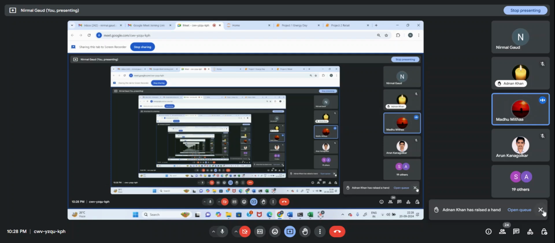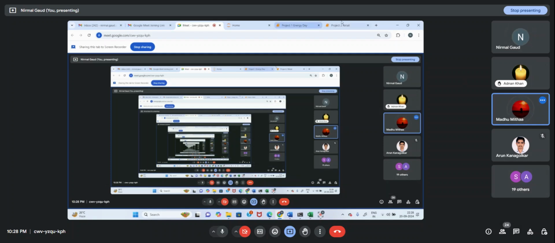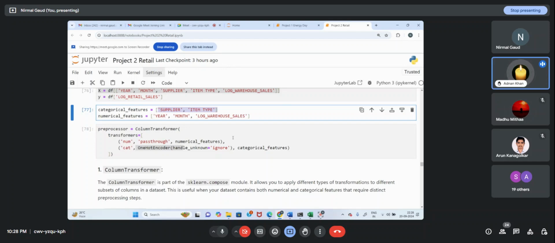Okay, अदनान. Hi, sir. Yeah, so I have a question regarding this. If we are doing label or one hot encoding on our data set, it will lead to overfitting. So, do we have any statistical methods we can apply to reduce that overfitting after doing that one hot encoding?